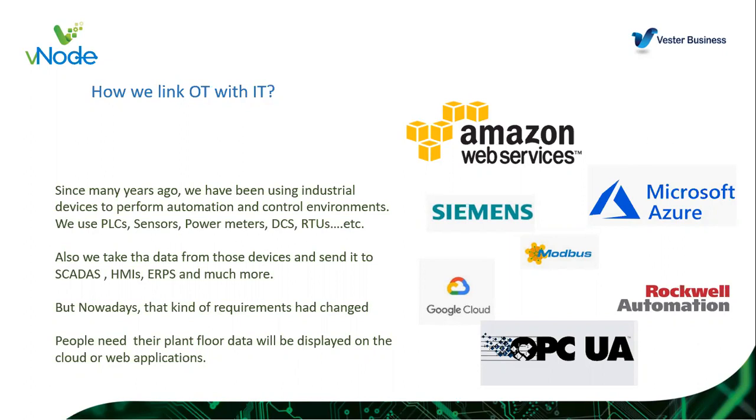So since many years ago, we have been using industrial devices to perform automation in control environments. We use PLCs, sensors, power meters, DCS, RTUs, and we take data from those devices and send it to SCADAs or HMIs or even ERPs, SAP too. Nowadays, those requirements have changed, and we need to collect that information not only in your SCADA, not only in my HMI, not only in my ERP.